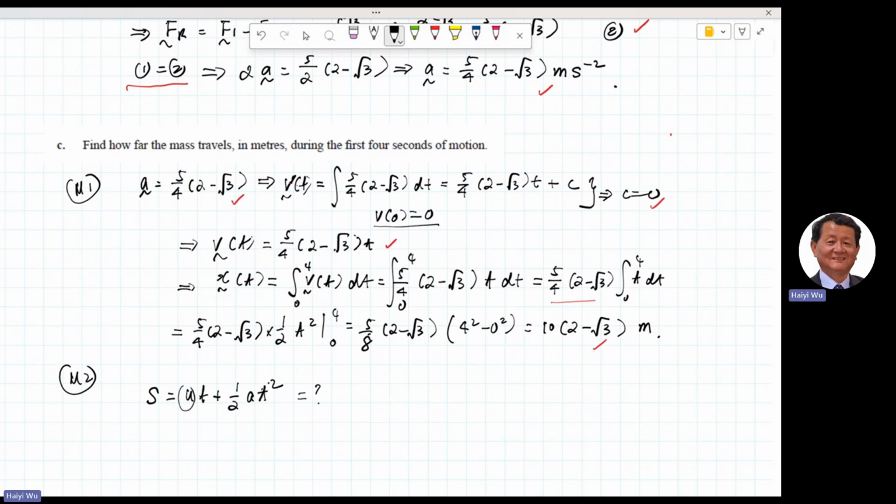I prefer the first method because we're using vector calculus instead of a physics equation, because it's a math video.